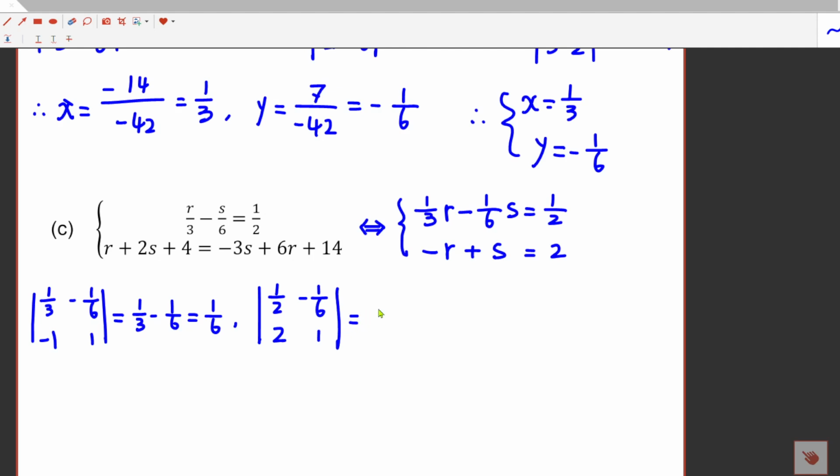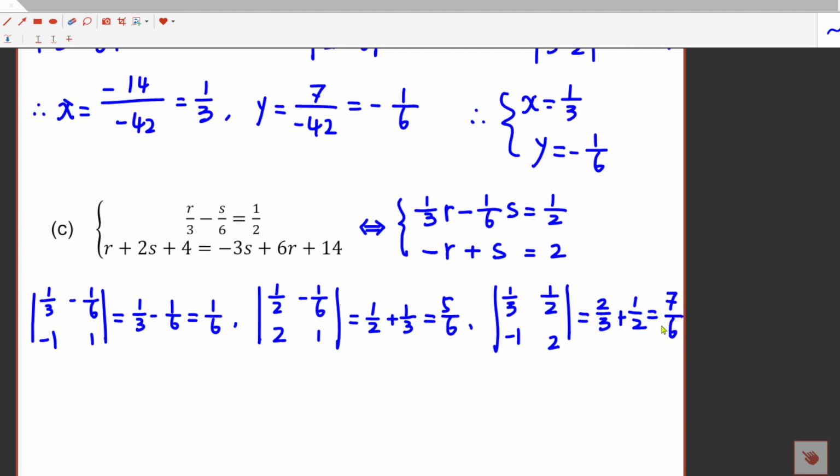That'll give us 1 over 2 plus 1/3, which is 5 over 6, right? And the third determinant we need to use is 1/3, -1, 1 over 2, and 2. This gives us 2 over 3 plus 1 over 2, which is 7 over 6, right?